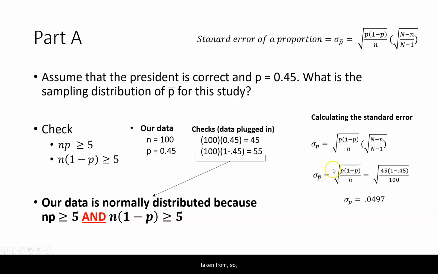So that just leaves us with the first part of this formula, and when we plug in our terms, we get the square root of 0.45 times 1 minus 0.45 divided by 100, which gives us a standard error of the proportion equal to 0.0497.